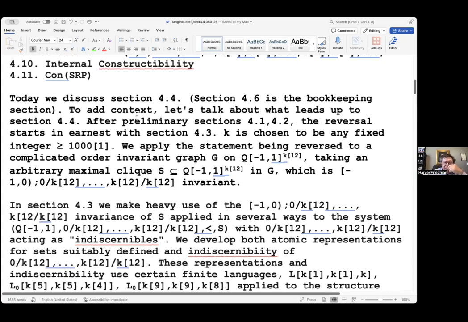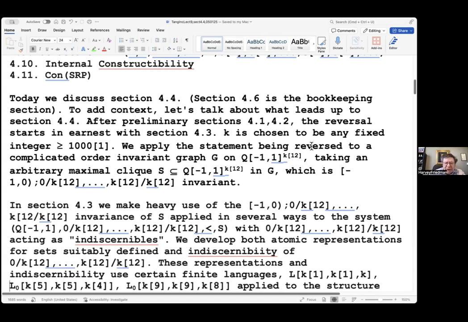And in 4.3, we just choose a number k, which is kept fixed throughout this reversal up to a certain point that we've already talked about before. Because remember, we're doing the backwards thing. At some point we don't have k. We universally quantify over k because we said that we never used anything about k except that it was big.